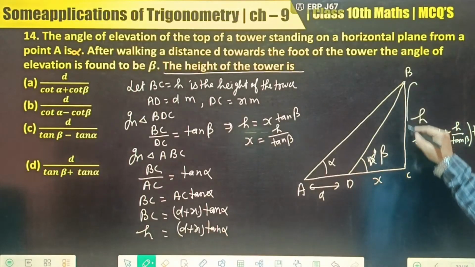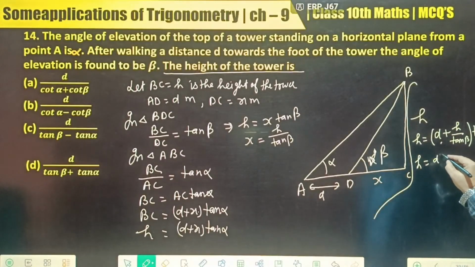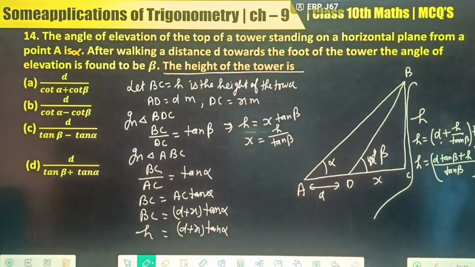So H equals D tangent beta plus H by tangent beta, into tangent alpha.